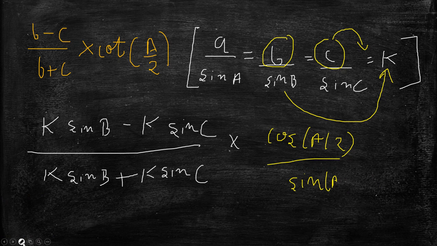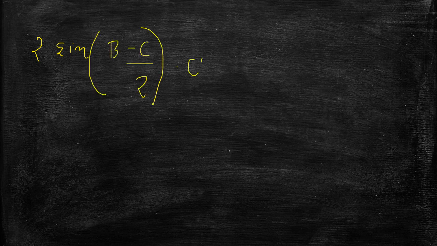So what I will have is sin B minus sin C. I will apply the formula for sin B minus sin C. After applying the formula, sin B minus sin C is 2 times sin of (B minus C) by 2 into cos of (B plus C) by 2.